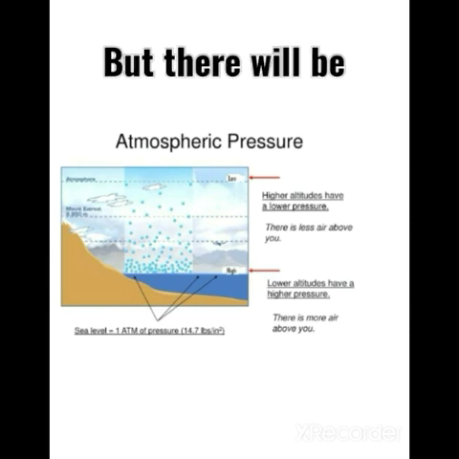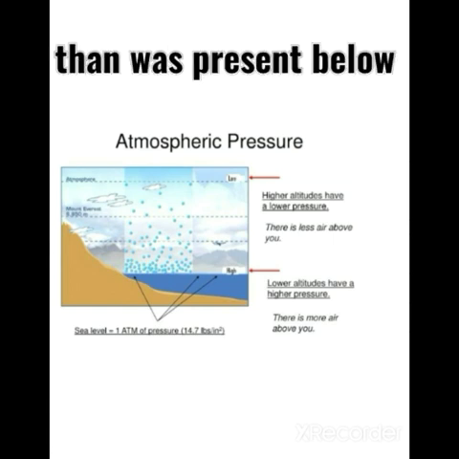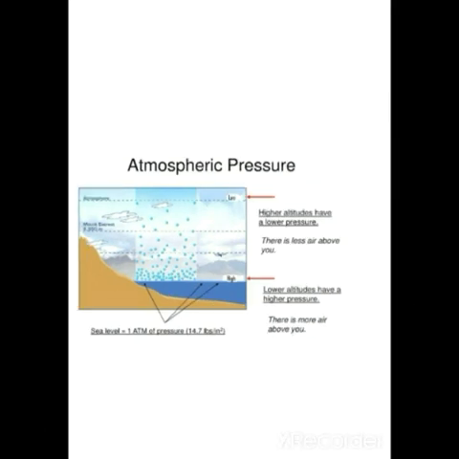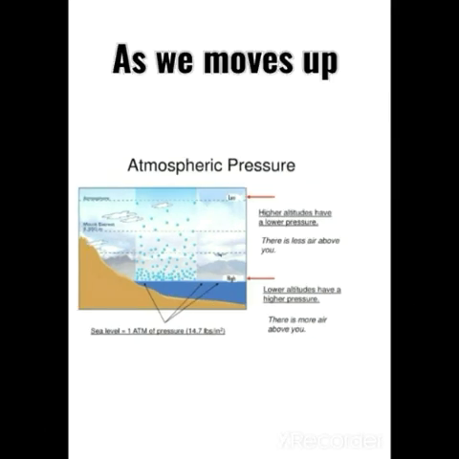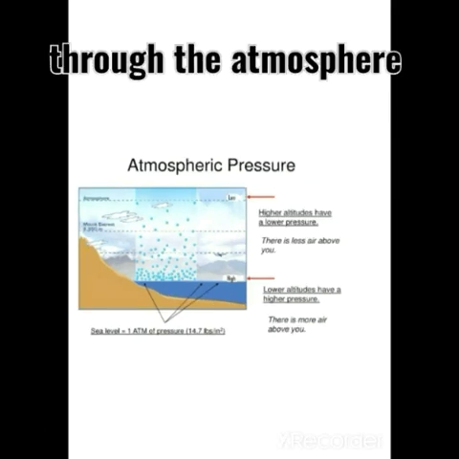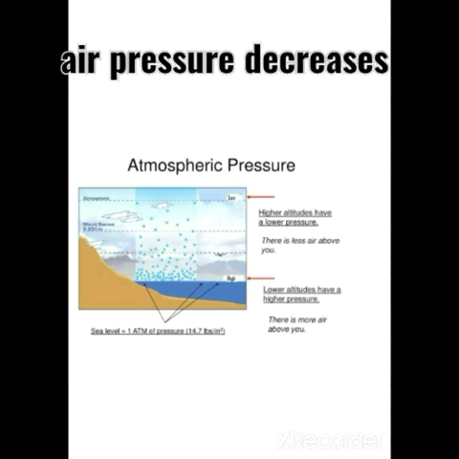But there will be less air above us than was present at a lower altitude. This means that as we move up or increase altitude through the atmosphere, air pressure decreases.